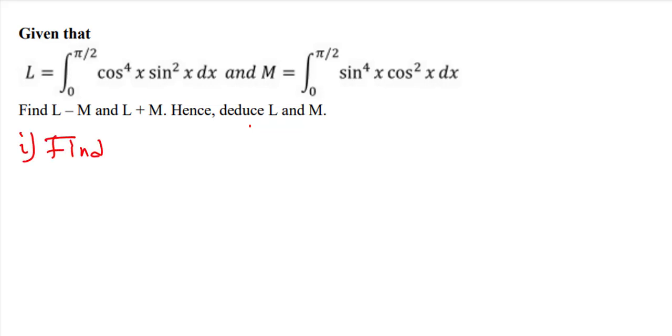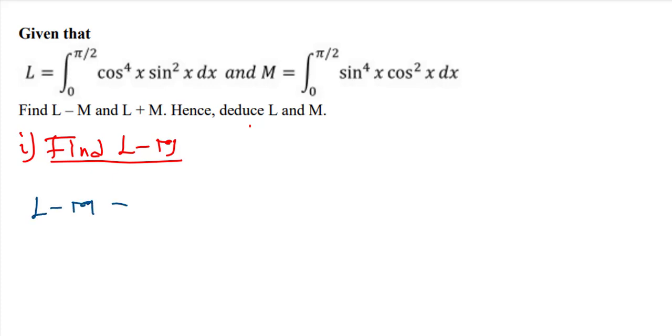So we are going to split it into two. Part 1, let's find L minus M. Let's see what it gives. Now you realize that our integrals have the same boundaries, so it means we can just subtract them.